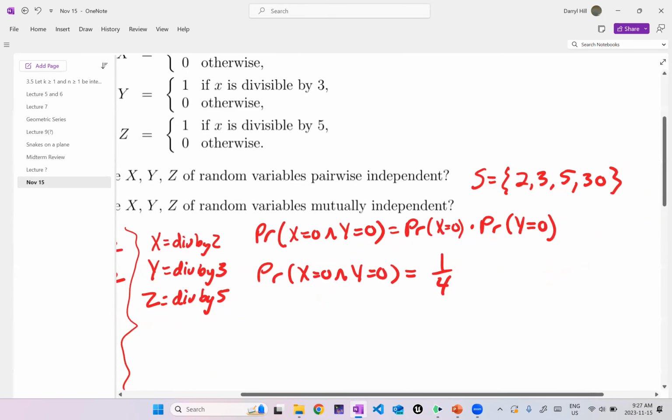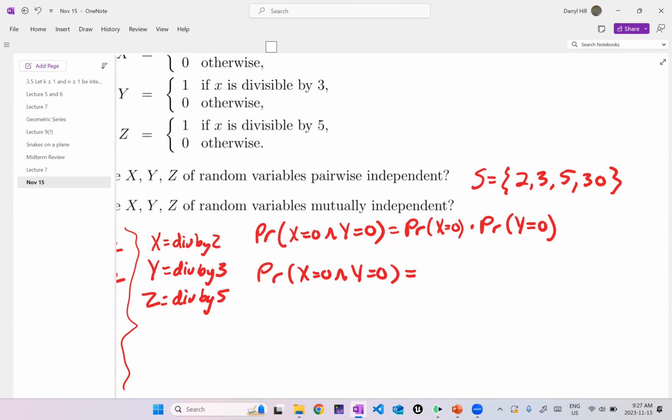So the probability that x equals 0 and y equals 0 means what is the probability that my number is not divisible by 2 and not divisible by 3? And out of these possible, only 5 falls into that category, right?